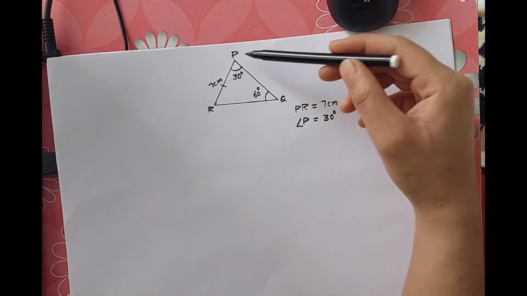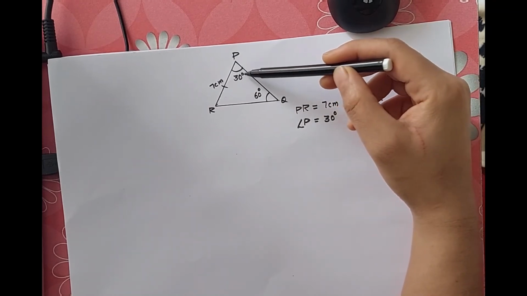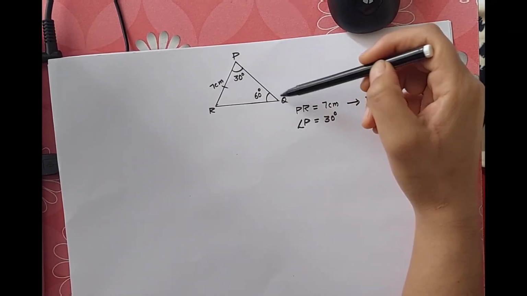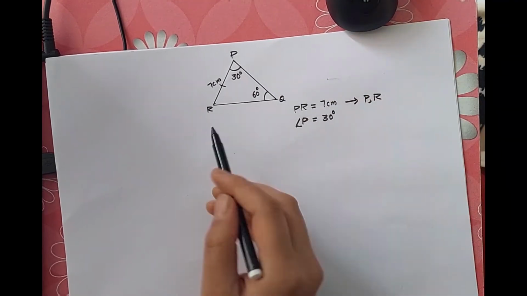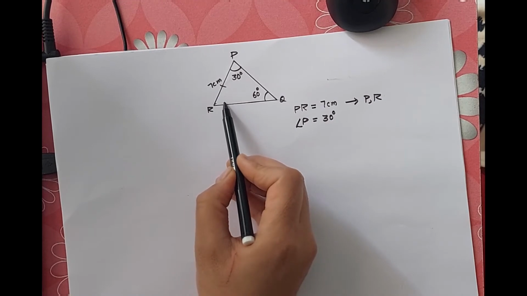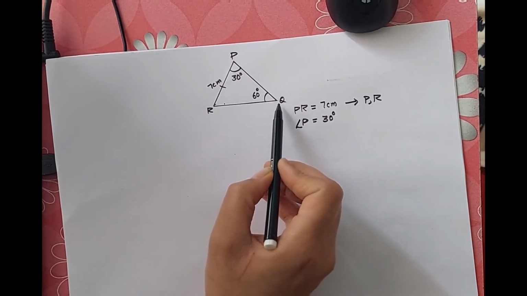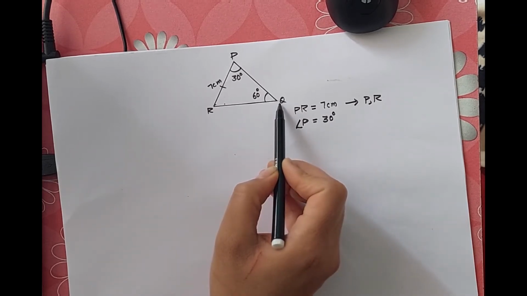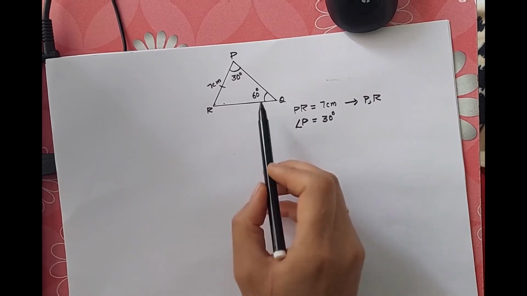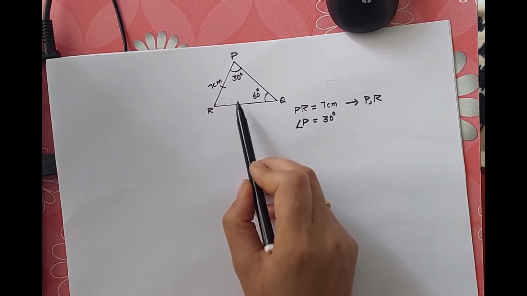Either we should be given PQ, since 30 degree would have given us the direction and PQ would have fixed the distance in that direction, or we would have been given angle R, so that where 30 degree and this angle meet, that will be point Q, or we should be given RQ. So the 60 degrees is not helping. So how to construct it?